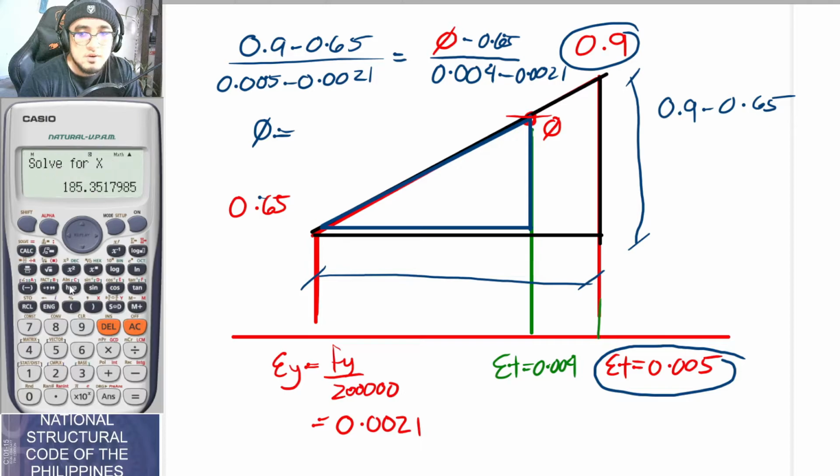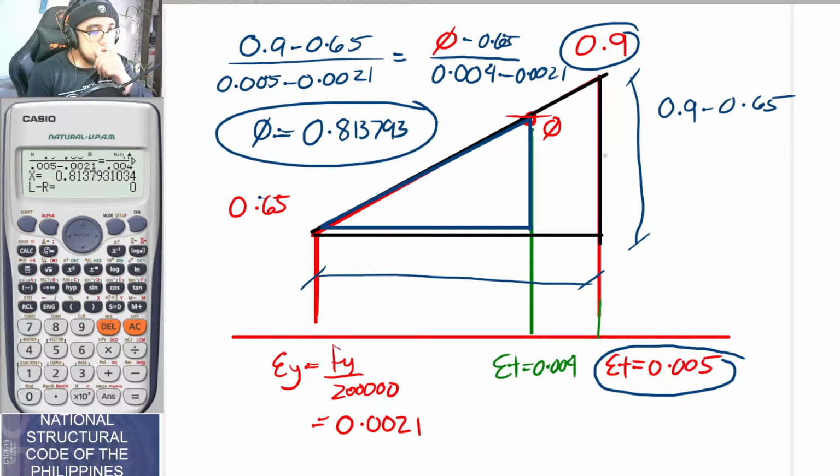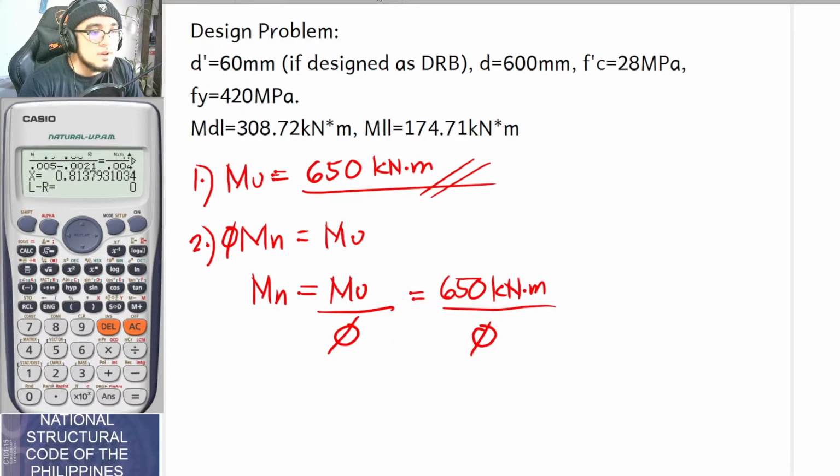Shift solve. Our answer here is 0.813793. So this is your phi if, for example, you are using this strain for your raw max.